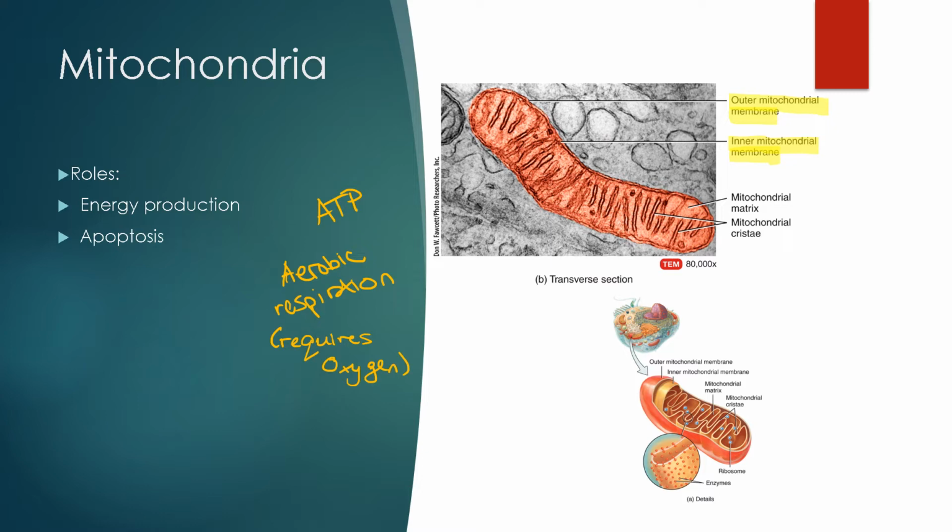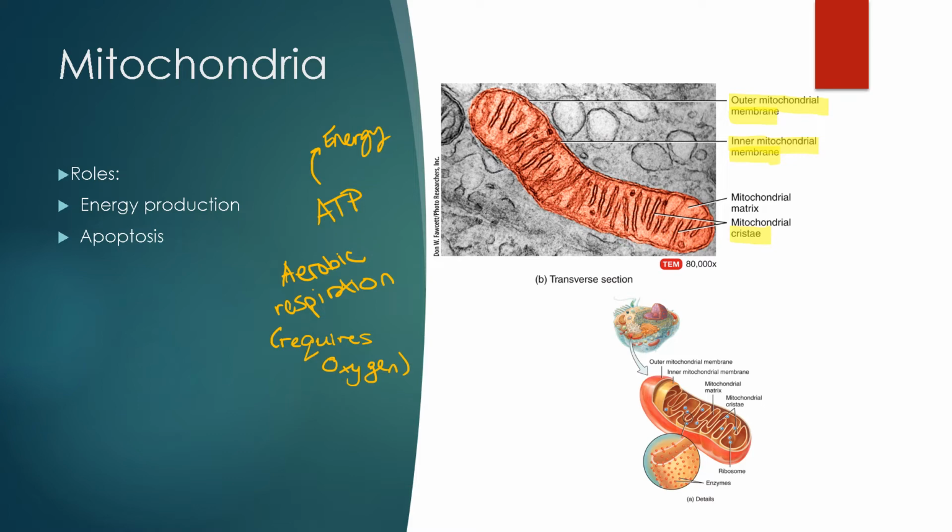There are these really elaborate folds that we call cristae that provide a really enormous surface area for chemical reactions that are part of the aerobic phase of cellular respiration. And remember, these are the reactions that produce most of a cell's ATP. Remember the ATP, this is the energy for a cell.